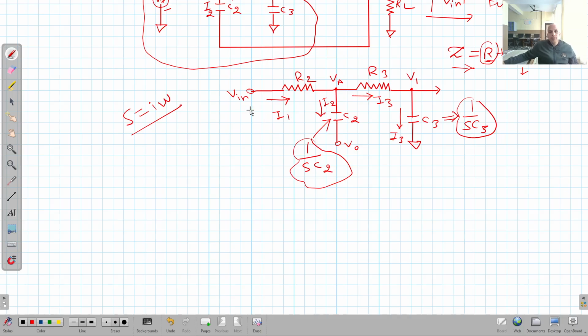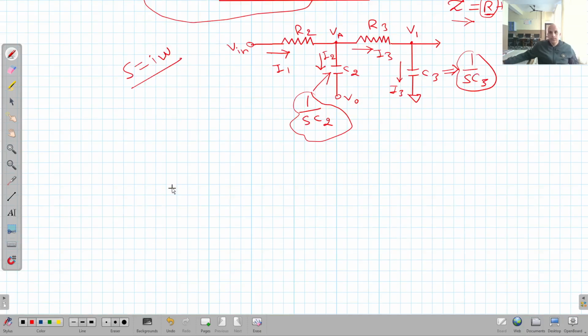So to simplify it, I have to consider node A first of all, and write down the junction rule at node A. So applying junction rule at node A. Clear?